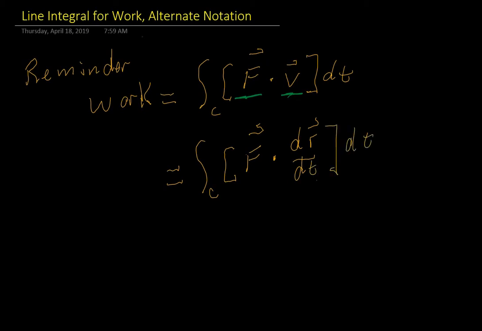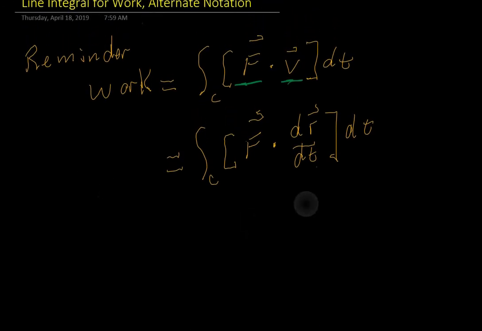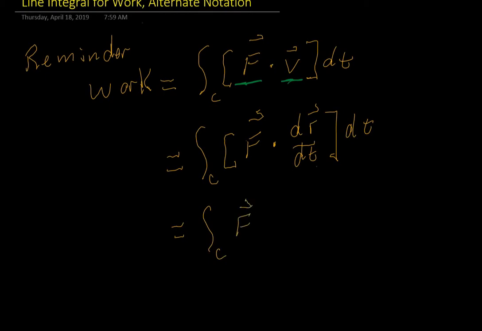All right. And if we distribute this dt as if it were a scalar, we end up with the following. Line integral, force or vector field, dot product dr.